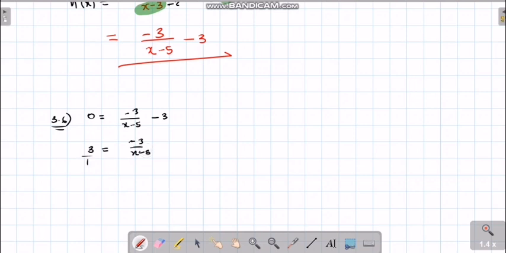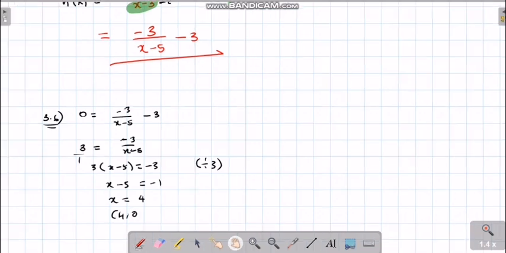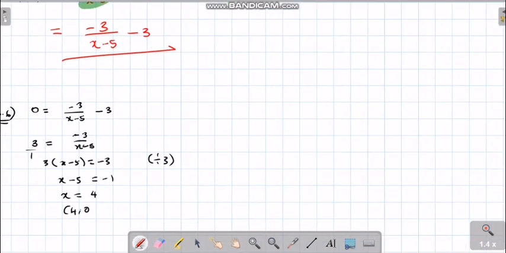Cross multiply: 3 into x minus 5 is equal to negative 3. Then let's divide both sides by 3. Now x minus 5 will be equal to negative 1. Therefore x is equal to 4. So the point is (4, 0).